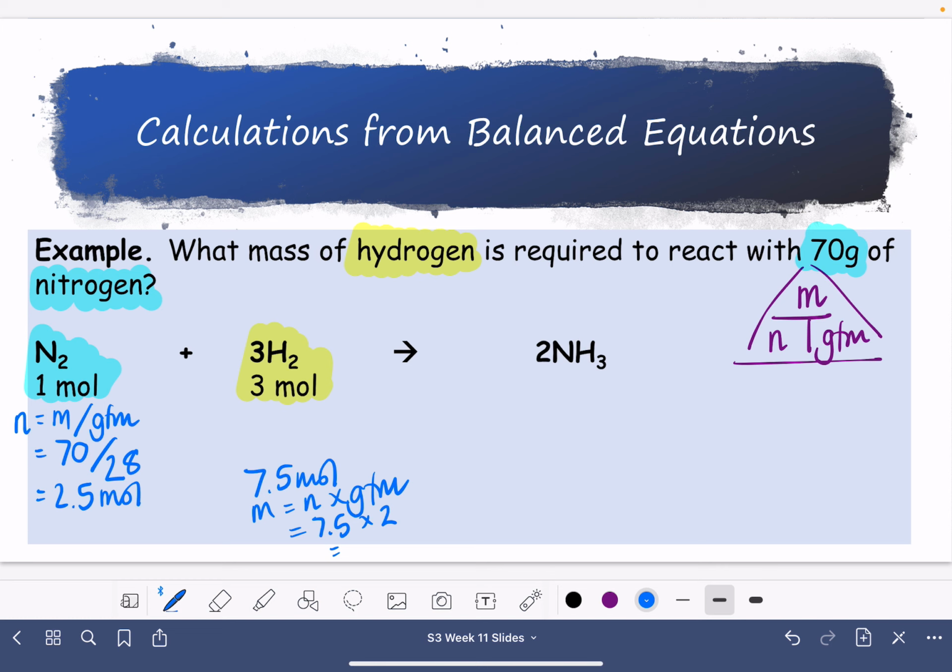So 7.5 times 2 is 15 grams, and that is our final answer for this question. So because we know that 1 mole would give 3 moles, then 70 grams would react with 15 grams, sorry. Okay? That's one type of question we might get asked.